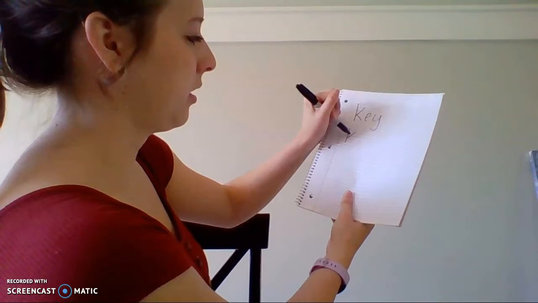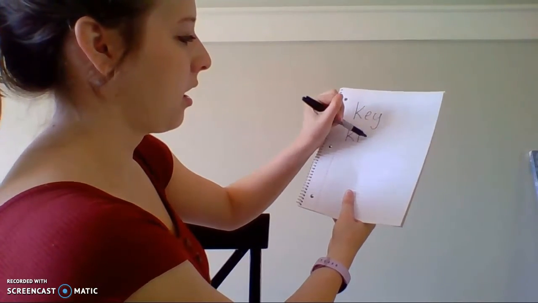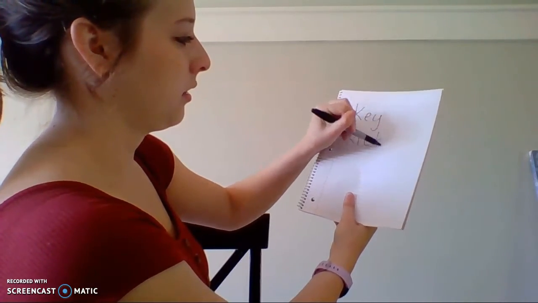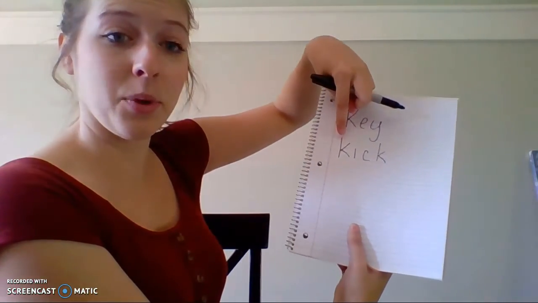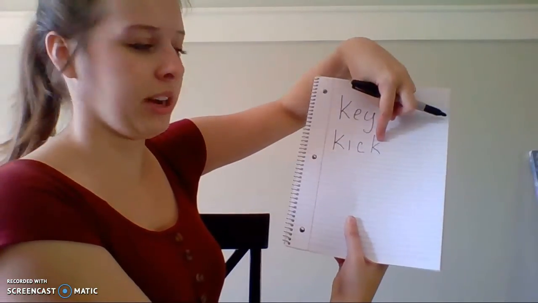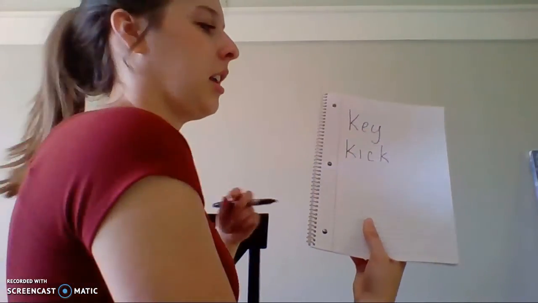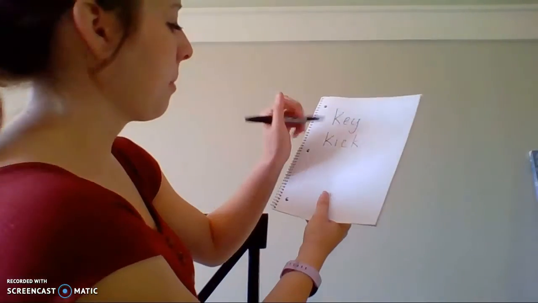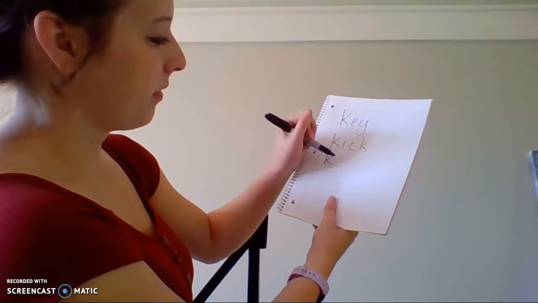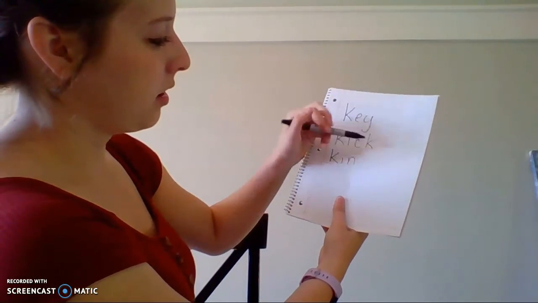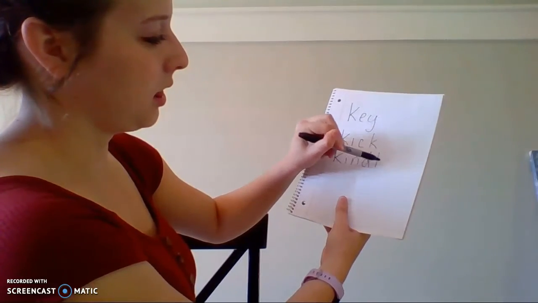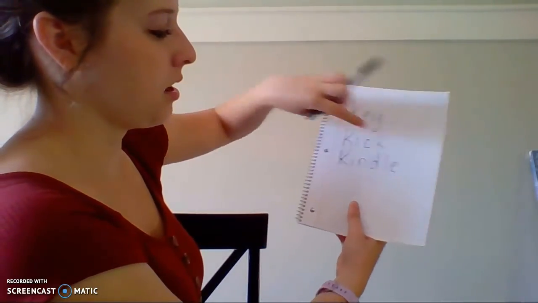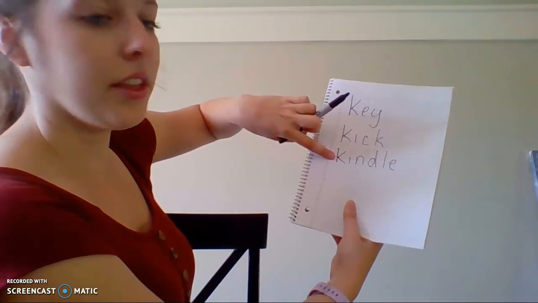K, I, C, K. Kick has 2 K's, one at the beginning K, and one at the end K. Now, let's write the word Kindle. K, I, N, D, L, E. Kindle. K, K. All these words start with the letter K.